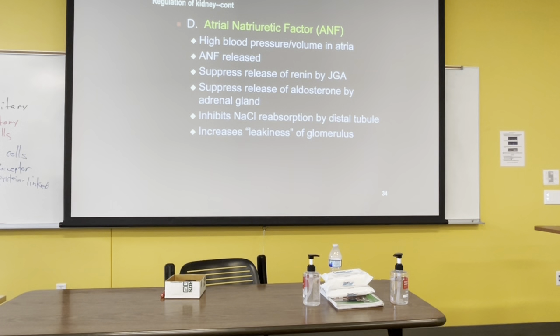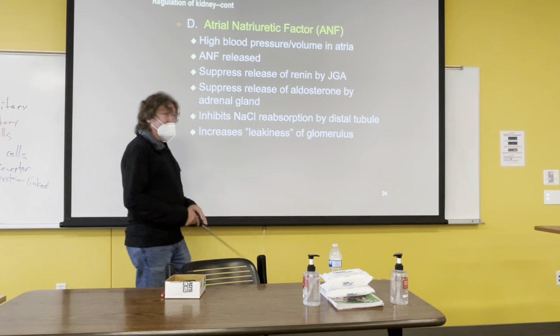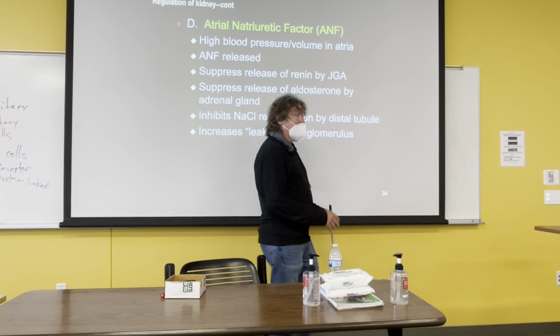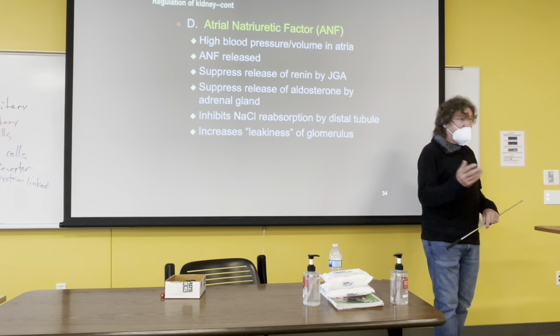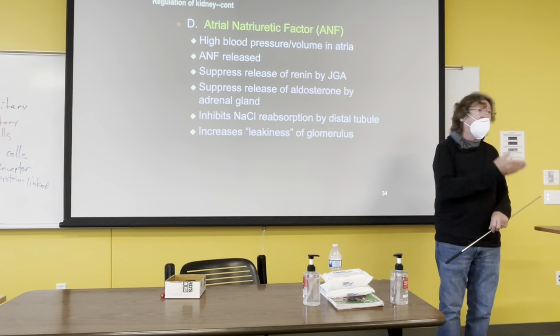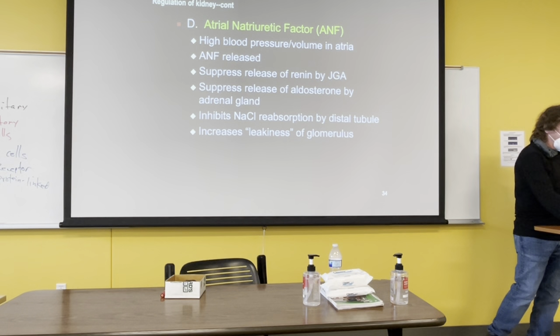Because what do you want to do with the water? You're wanting to get rid of it, right? You want to bring it down so that the volume of the blood is less. So if you're increasing the leakiness of the glomerulus, how's that contributing to that goal? You're getting more water into the filtrate that will stay in the system and eventually be urinated out. Okay, getting rid of the water.